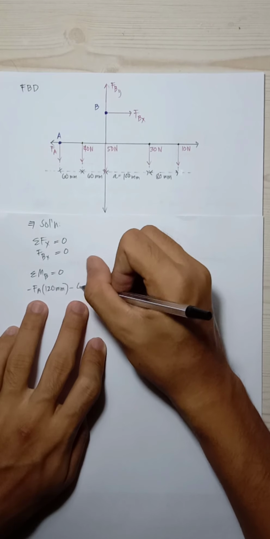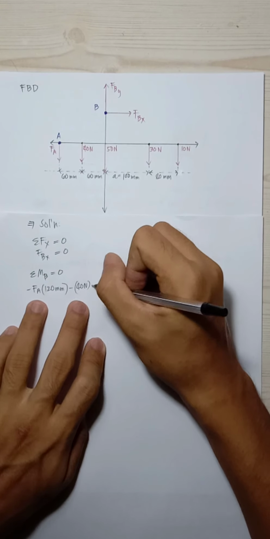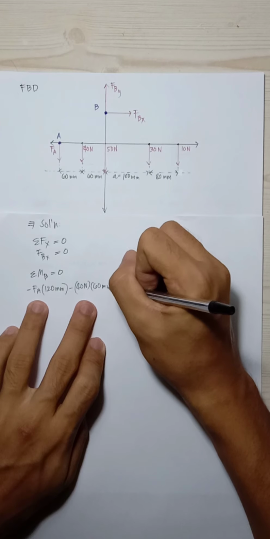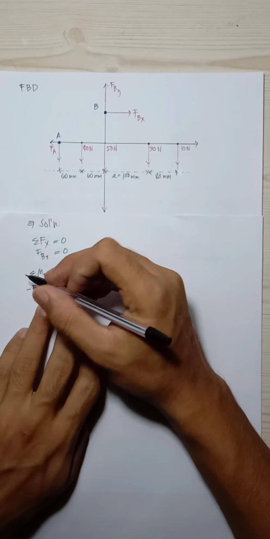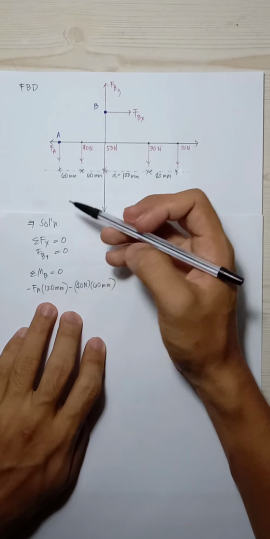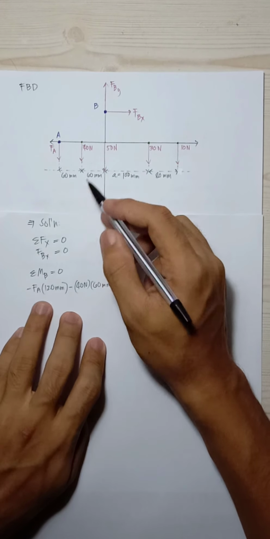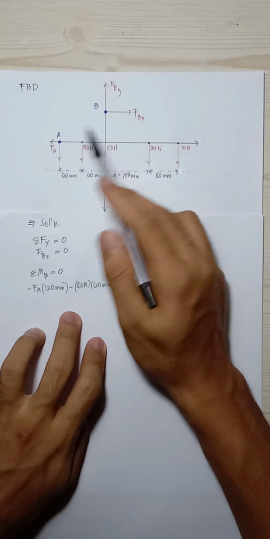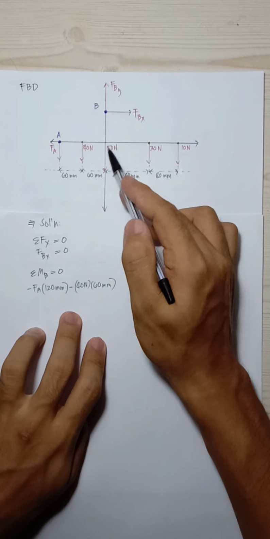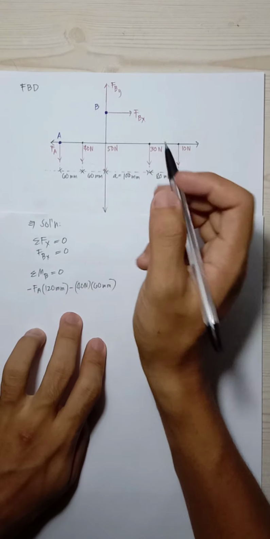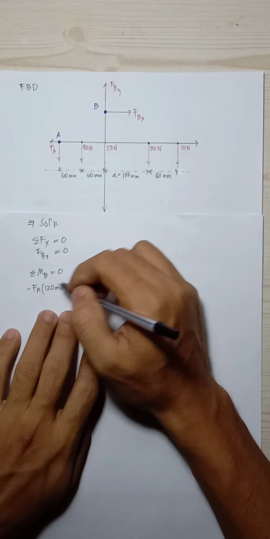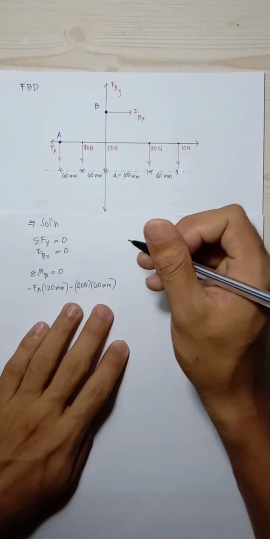Minus 40 Newton times 60 millimeters. These two moments are in negative signs because they are on the left side of the Cartesian plane, which is the negative x-axis. So that's why they have these negative signs.